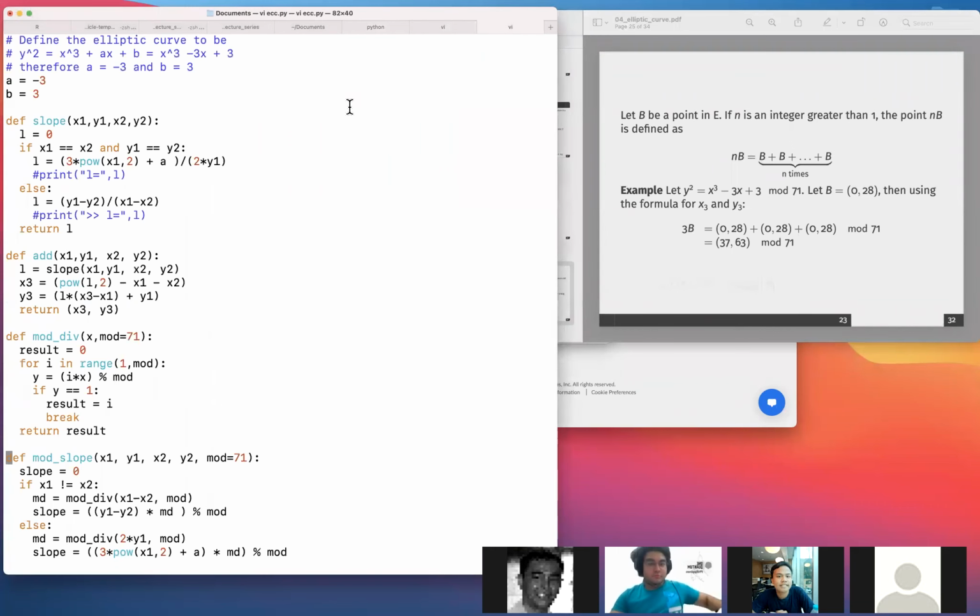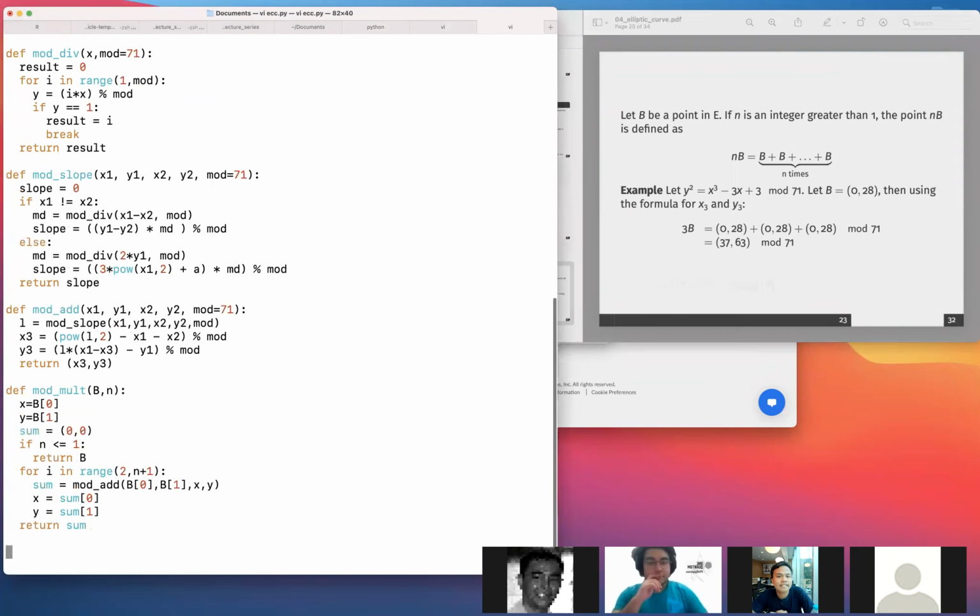So the definition of multiplication, mod mul: if you have a point B, you just add it n times using this function, and then you'll get your result.